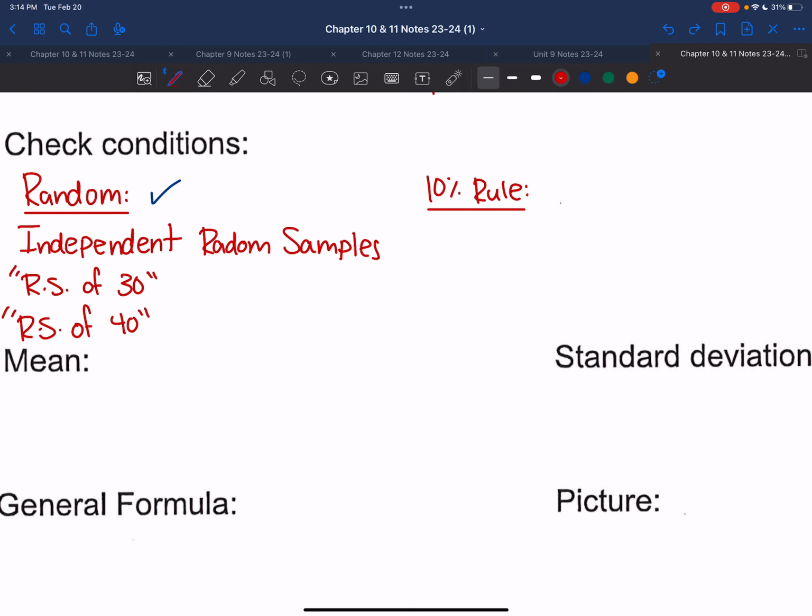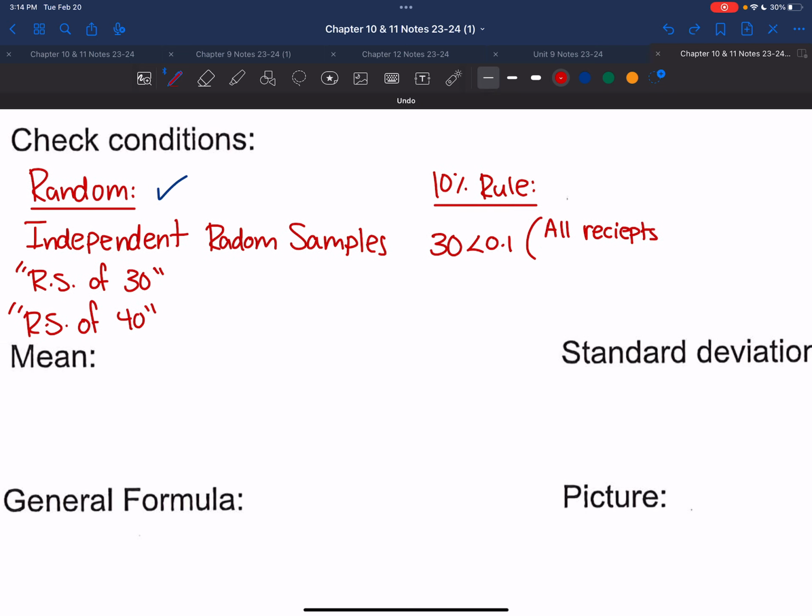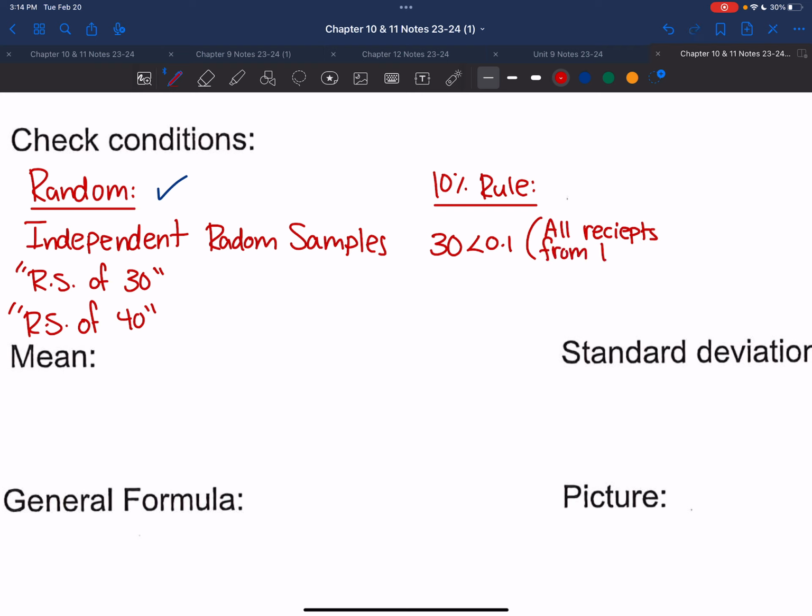There's thousands of Starbucks across the world, so it's safe to assume that 30 is less than 10% of all receipts from labeled locations, and 40 is less than 10% of all receipts from non-labeled.